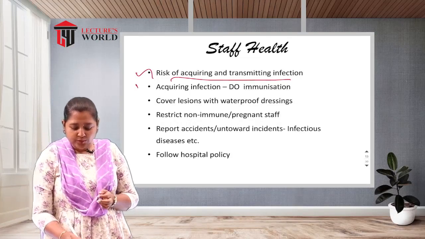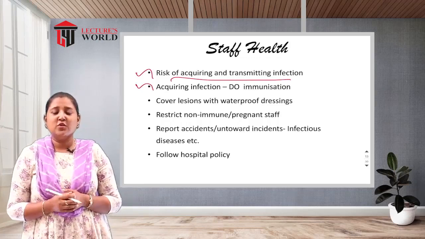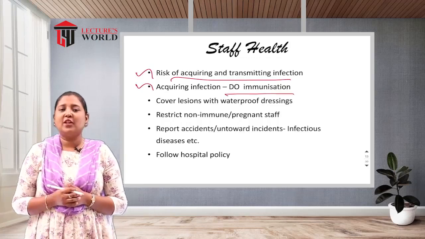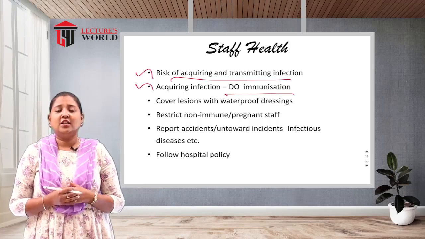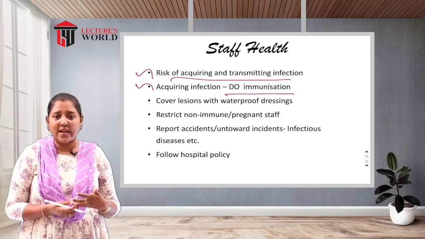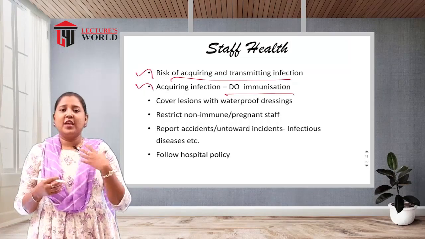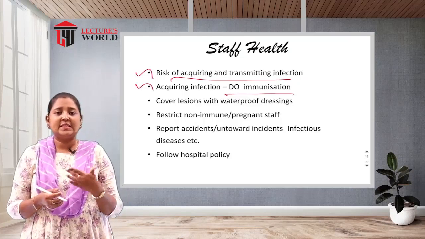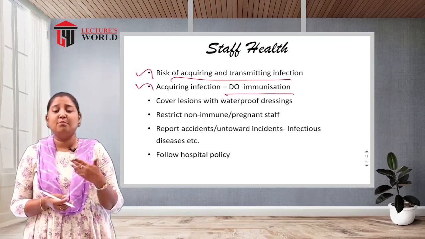So what you will do is immunization. We call that vaccination. Do hepatitis vaccine, corona vaccine, or any vaccines which will prevent the diseases in the hospital, especially bloodborne diseases.